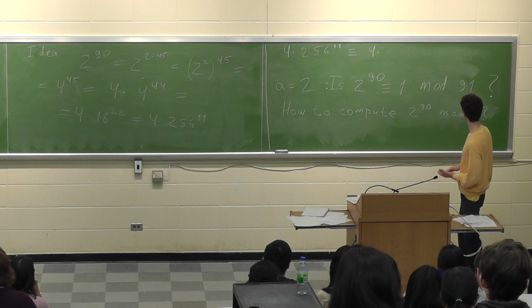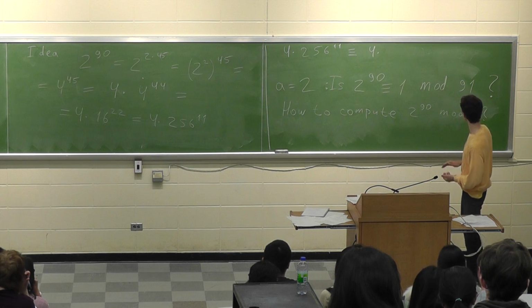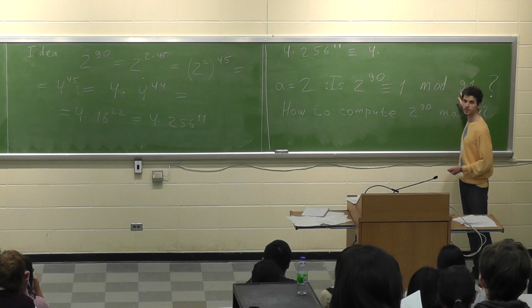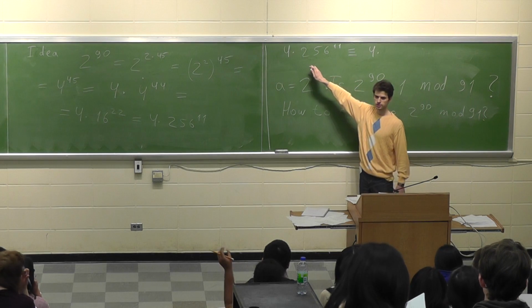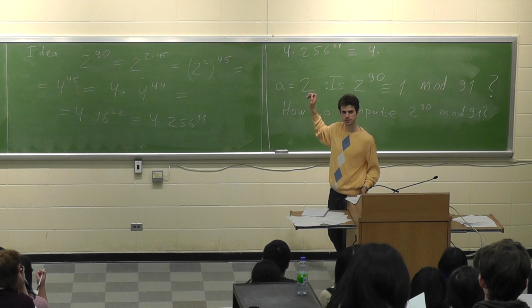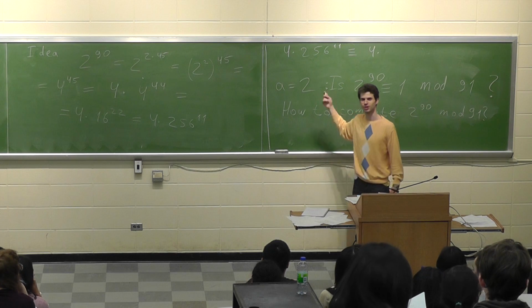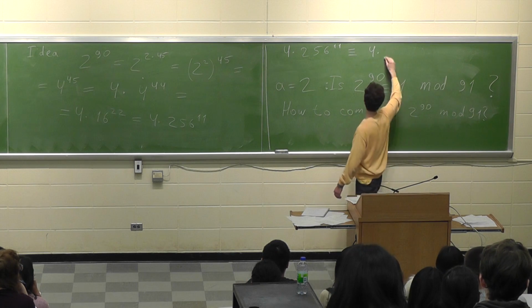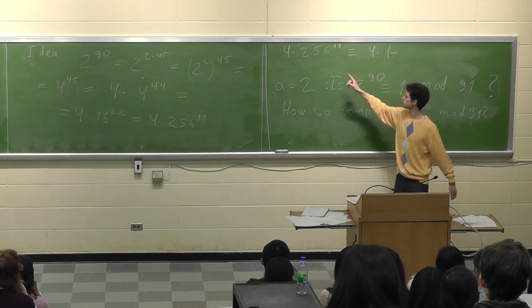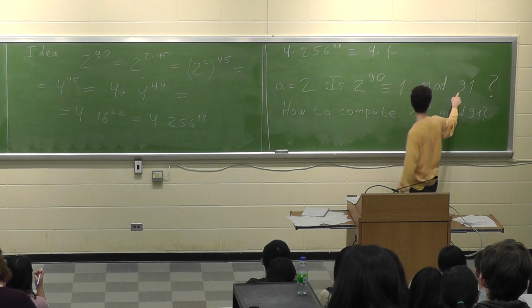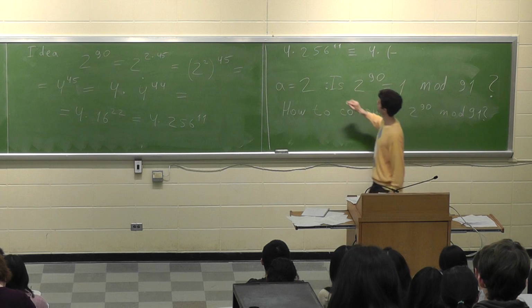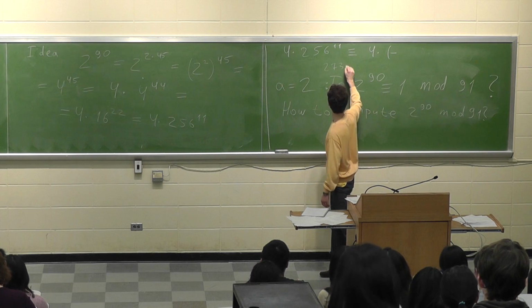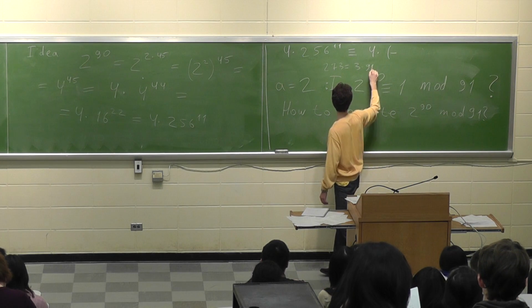What is it? 91 times 3 is 273. So 256 is 74 modulo 91. 74 is a large number. I'd rather write it as negative, so I have to add, well, to get 273. 273 is 3 times 91.